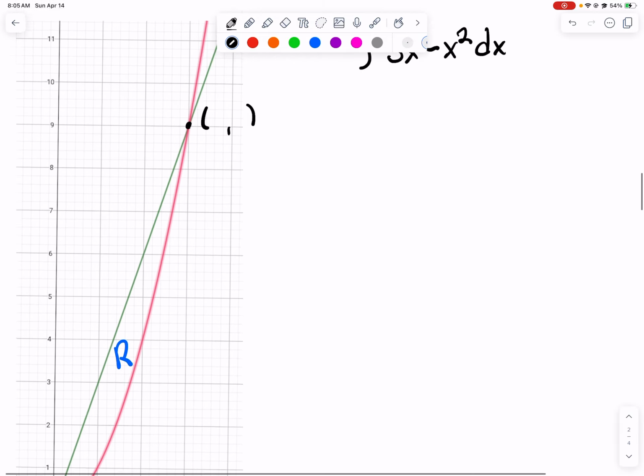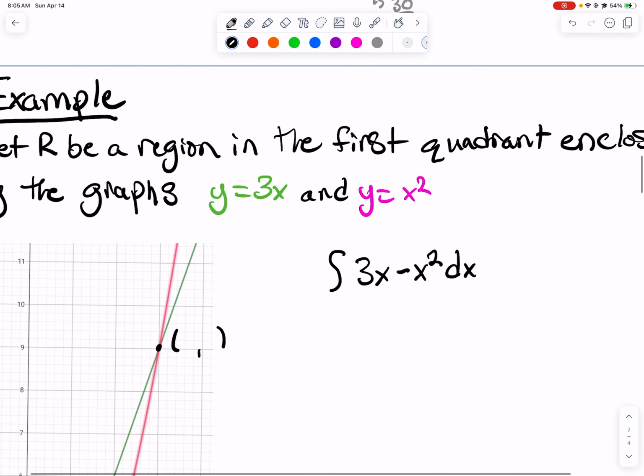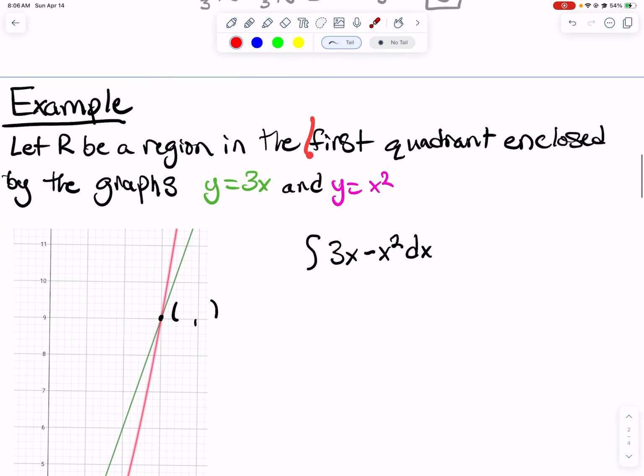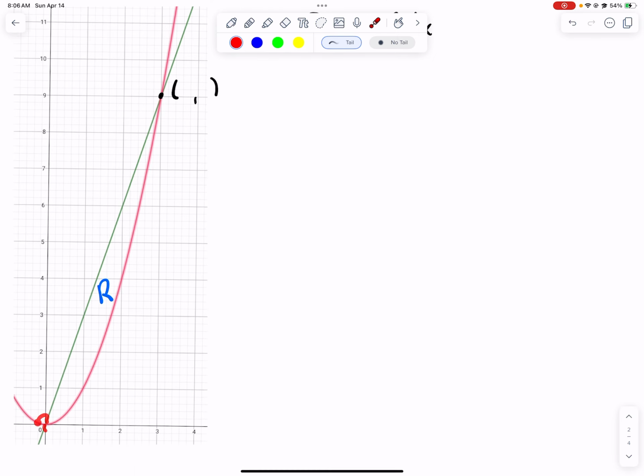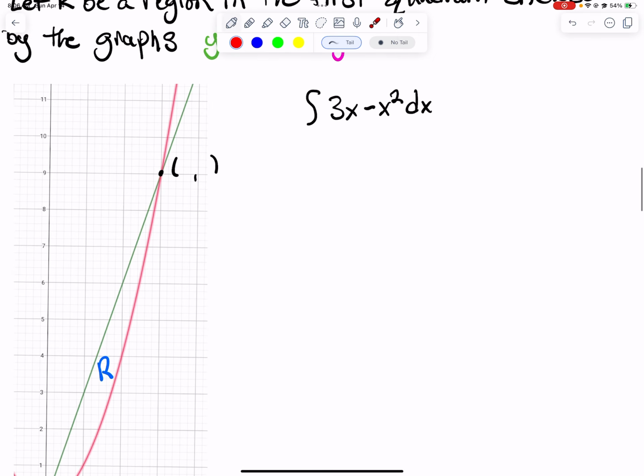Next, I look at my bounds. It says I'm bounded by the first quadrant here. So knowing that, I know this bound here has to be at 0, my lower bound. My upper bound is actually where they intersect up here, which we kind of see.